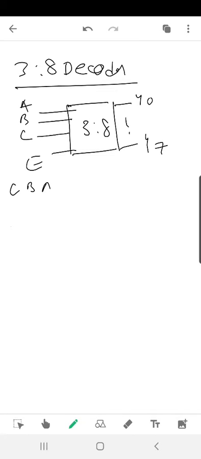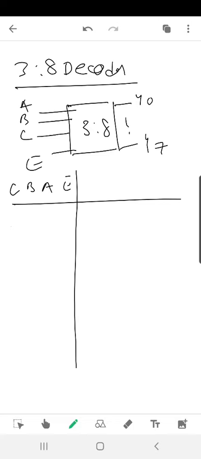This will be our input side of the table, and we will have 8 outputs: y0, y1, y2, y3, then y4, y5, y6 and y7.